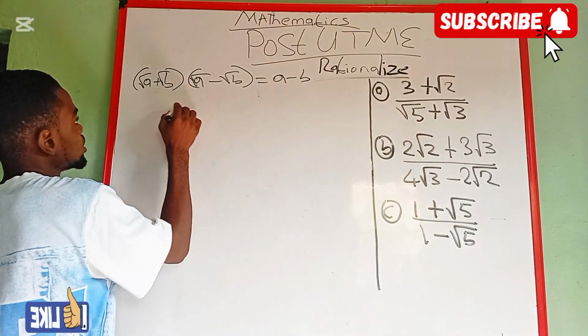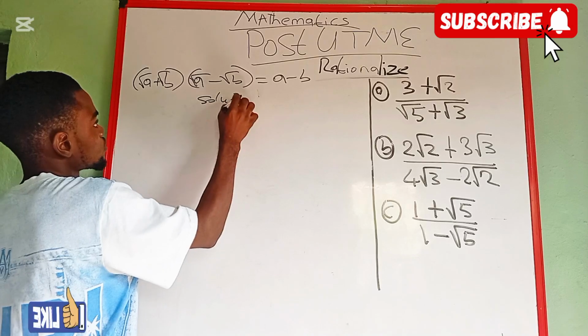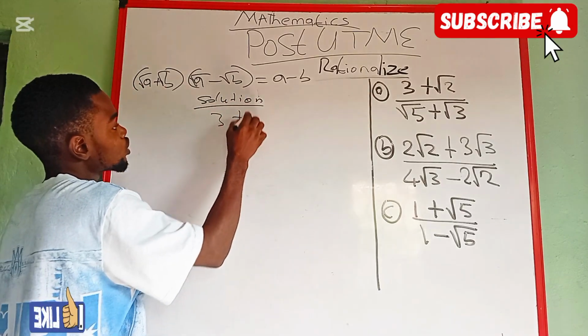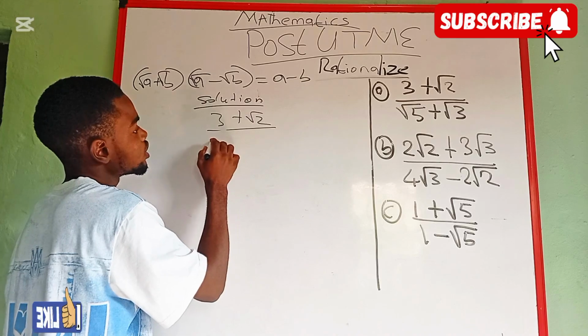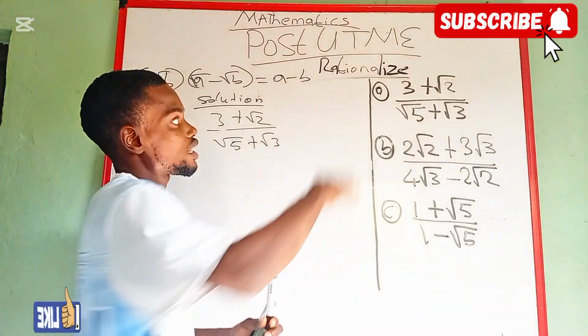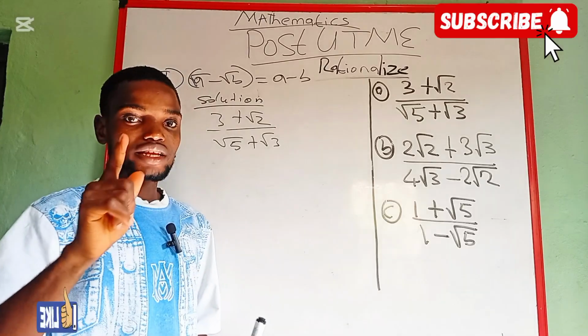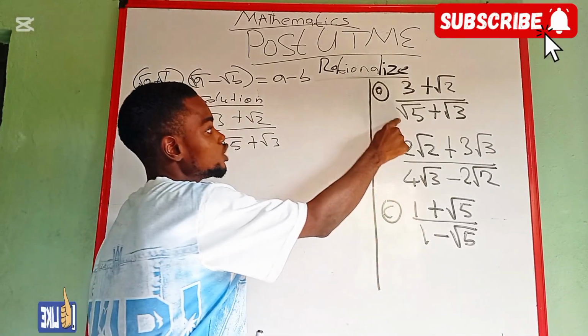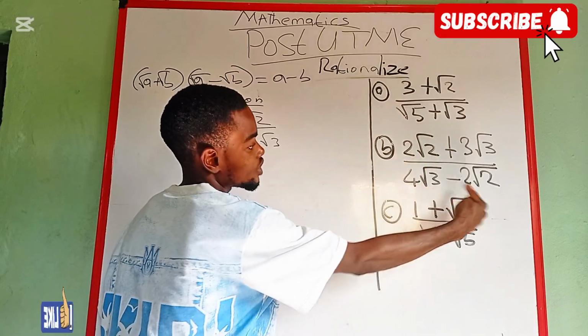So the solution: from the question we have (3 plus root 2) all over (root 5 plus root 3). When we mean rationalizing, what we are telling you is that in the denominator, we cannot have a root, as you can see here.